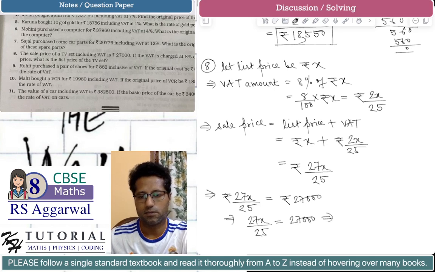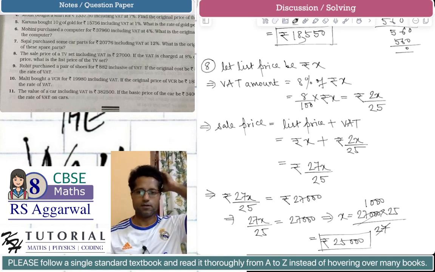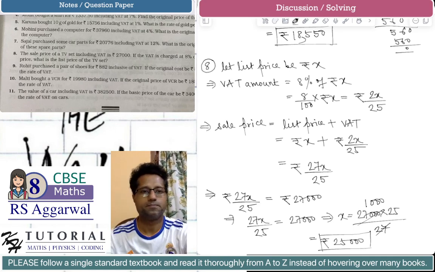So this implies x is equal to 27,000 multiplied by 25 divided by 27. So this is equal to 25,000. So the list price of the TV set is 25,000.